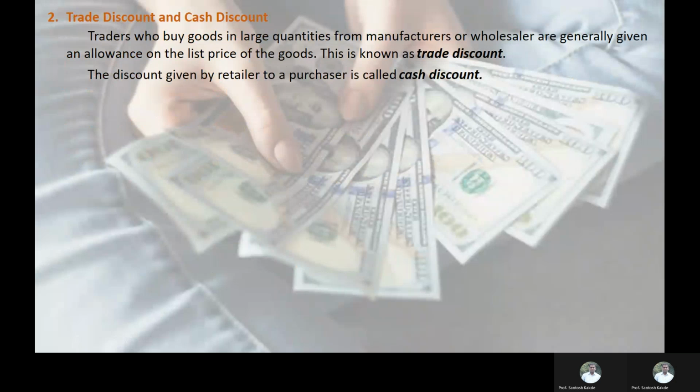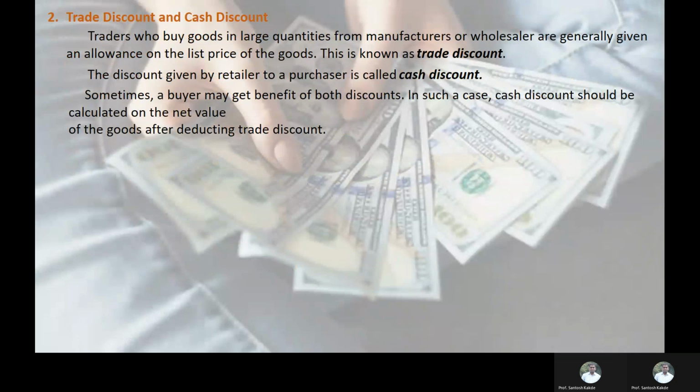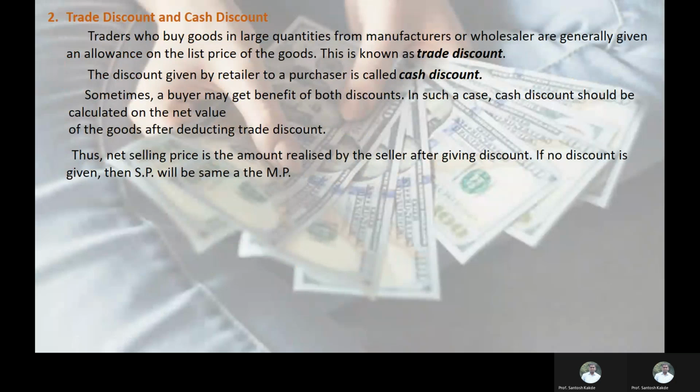Now, the discount given by retailer to a purchaser is called cash discount. Sometimes a buyer may get benefit of both discounts. In such a case, cash discount should be calculated on the net value of the goods after deducting trade discount.